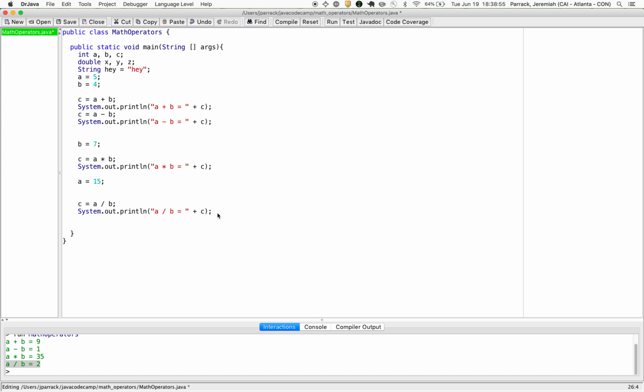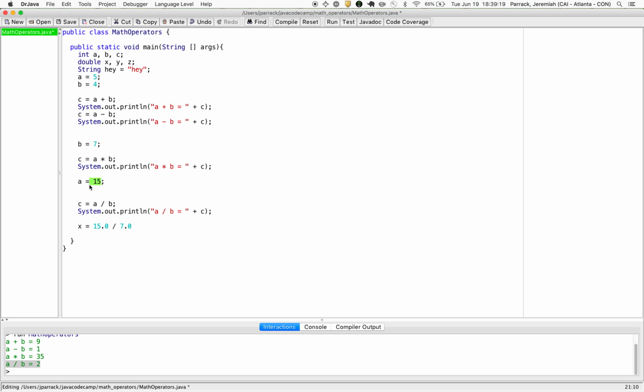Let's say x equals 15 divided by 7.0. 15.0, because we have to make these doubles too. It makes it a little bit easier. You can do one like this, but let's do this.